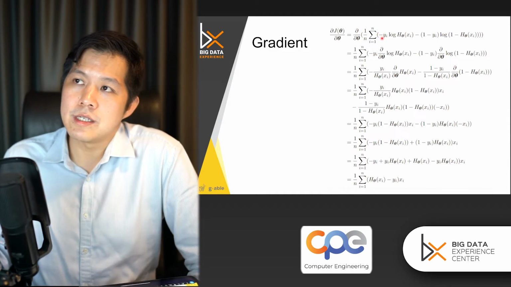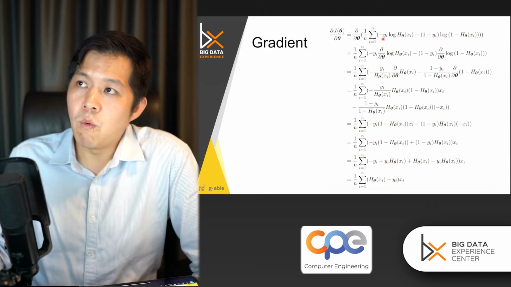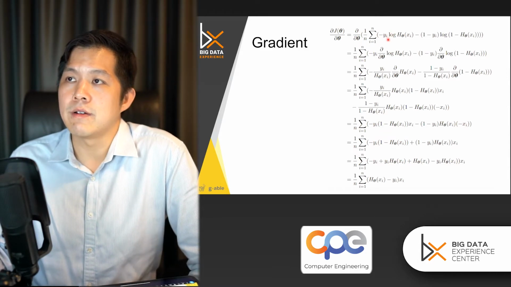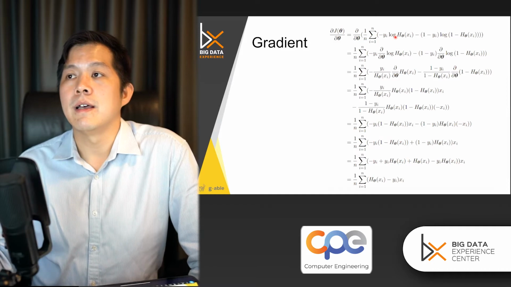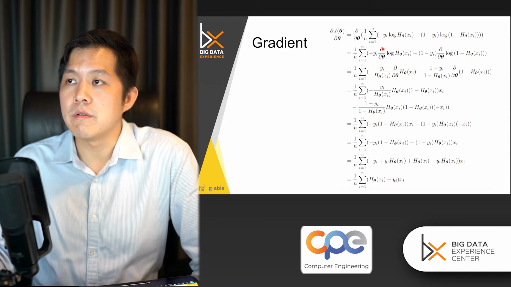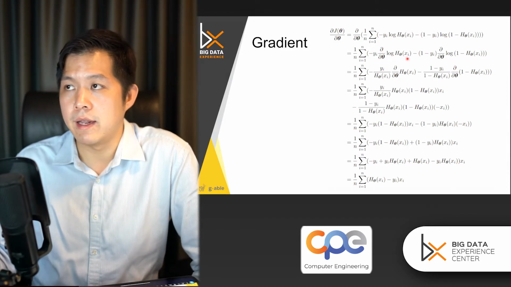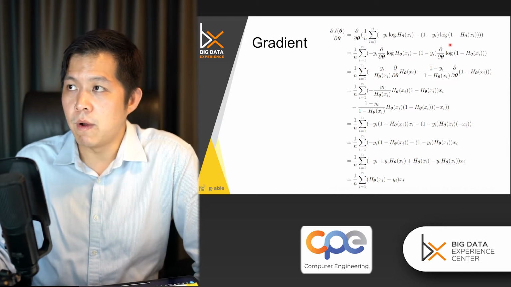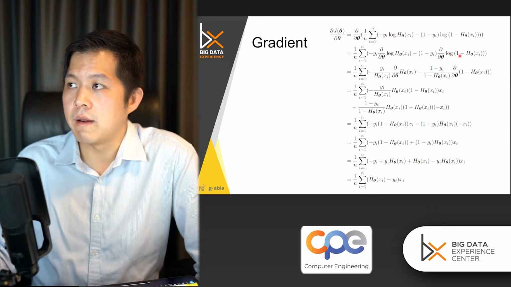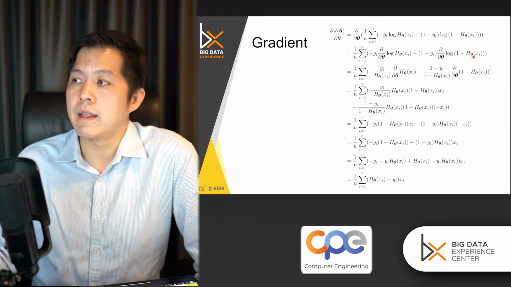Because it's the derivative with respect to theta, yi doesn't matter; it's just like a constant value. We can just move it to the partial derivative of log h theta xi. The same goes for the second one, which is the partial derivative of log of 1 minus h theta xi.